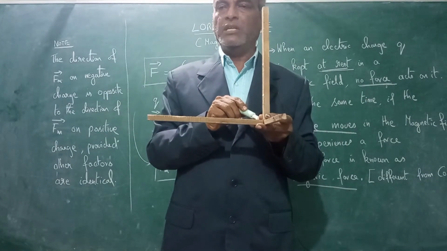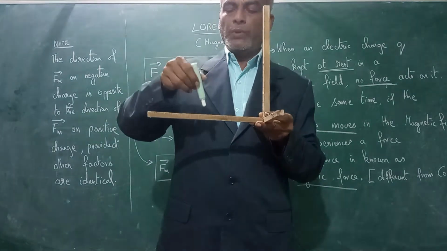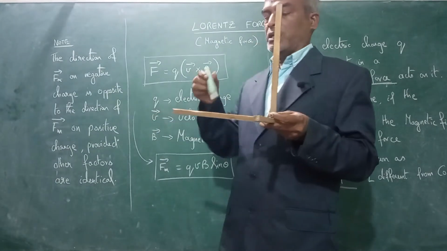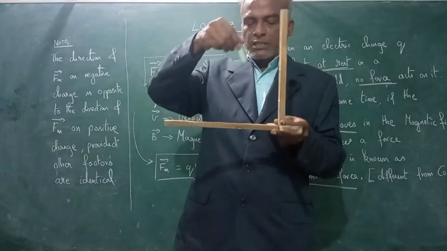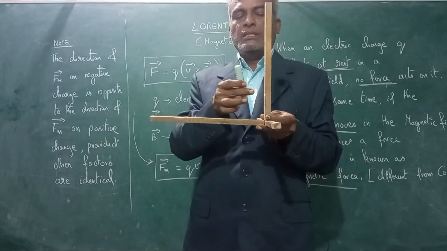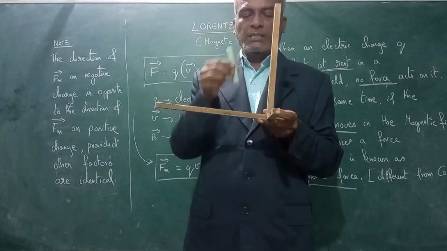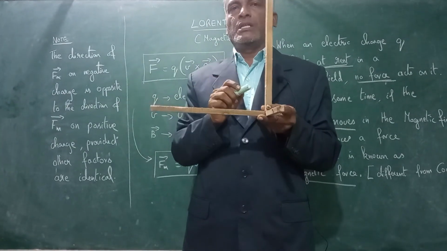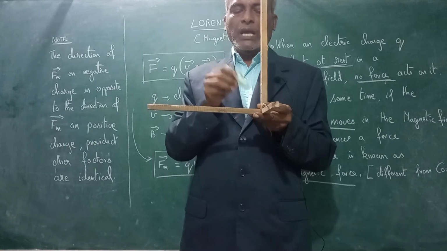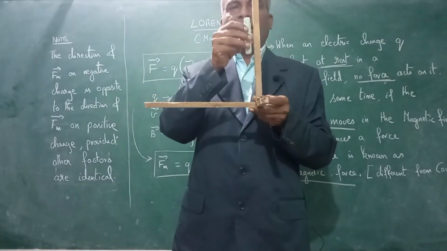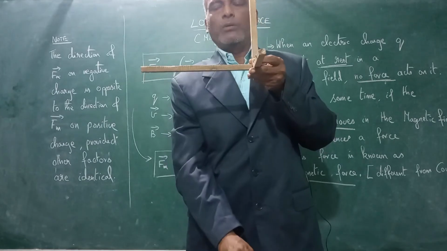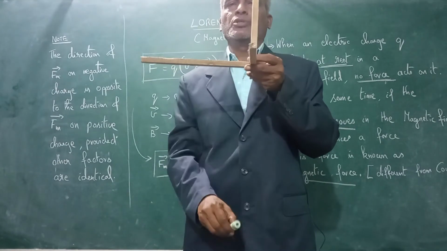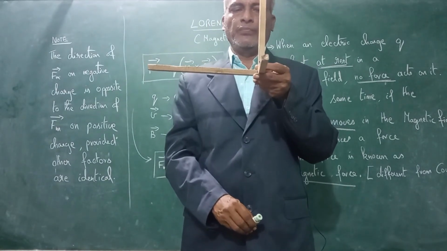Minus means negative charge. So when we have V cross B, it is going anti-clockwise. Anti-clockwise means the resultant will be upwards because of negative charge. Suppose you have positive charge here, the direction is quite opposite. It goes from this point to beneath, just opposite to the previous force.